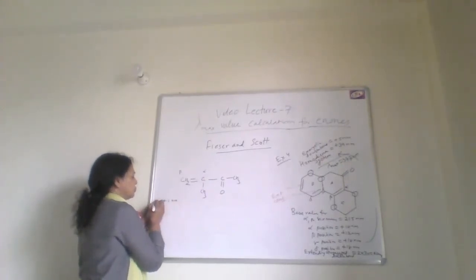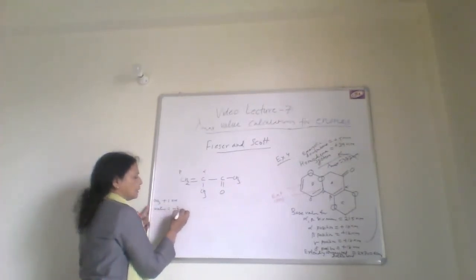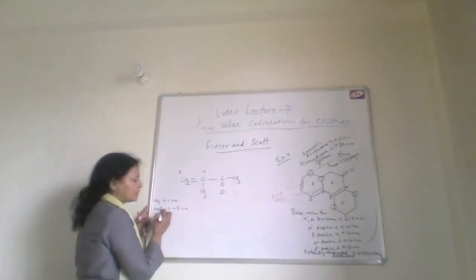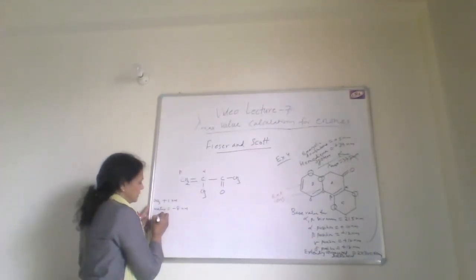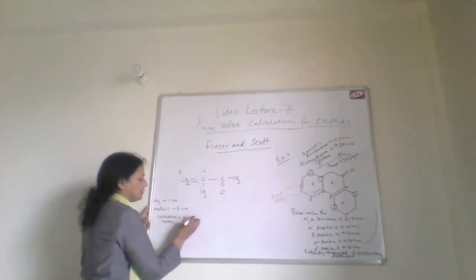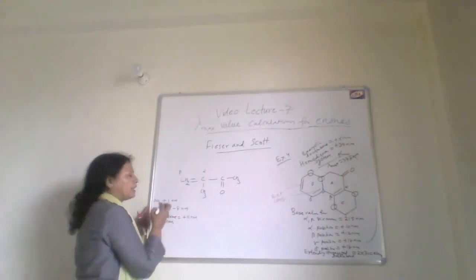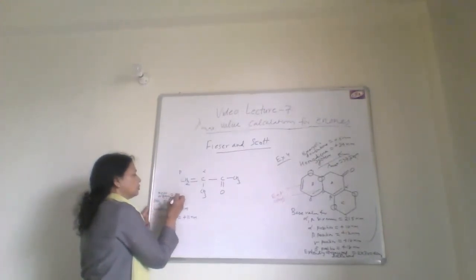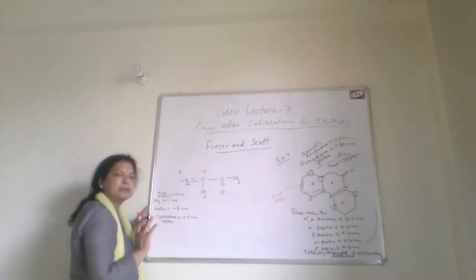If it is mentioned water, we have to apply minus 8 nanometers. Then cyclohexane or hexane is plus 11 nanometers. Methanol or ethanol is 0 nanometers; we don't have to do any correction.